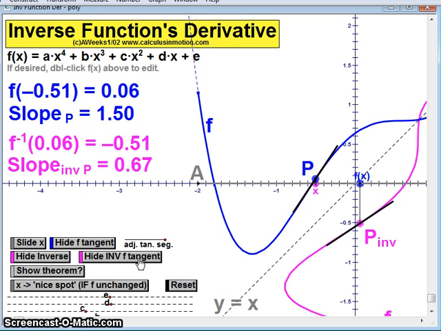So again, we have some point (a, b) on our original function, and that has a slope of 2/3 when evaluated at x equals a. Now, if we look at the inverse function, we can see the point (b, a), and the slope there is 3/2 at x equals b. So that's where our derivative rule is going to come from.